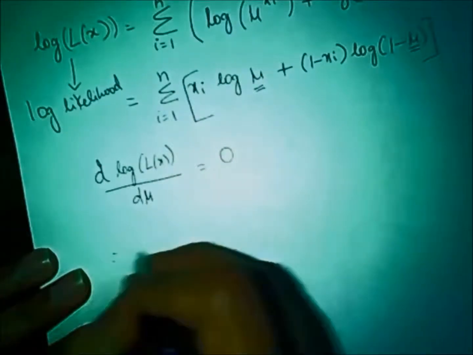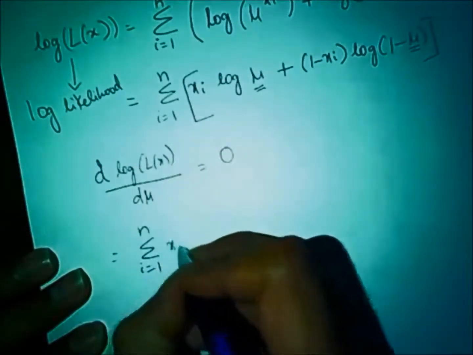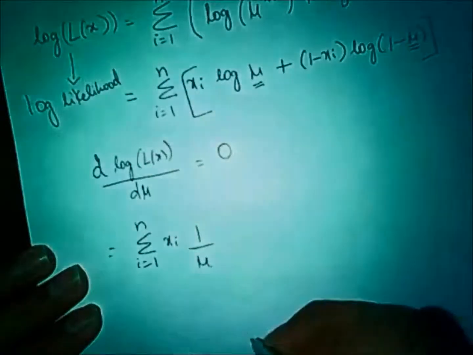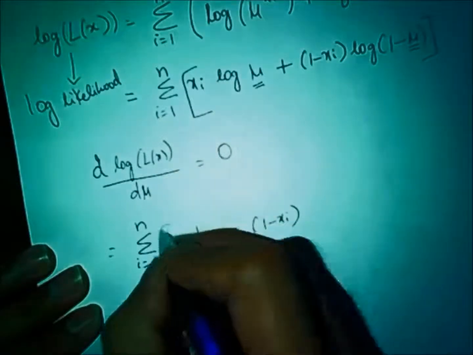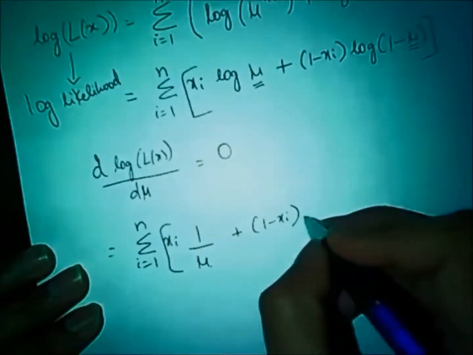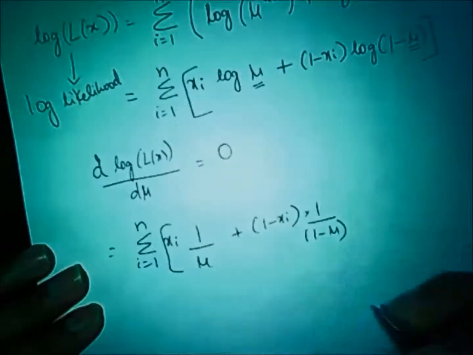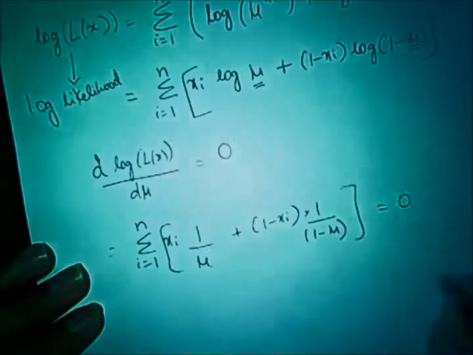So we can see from here that the xi is going to stay as it is. I'm going to get a 1 over mu here. And this is going to stay as it is, and I'm going to get a 1 over 1 minus mu here. And then I'm going to set it to 0.